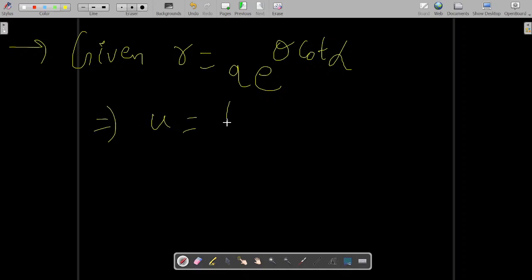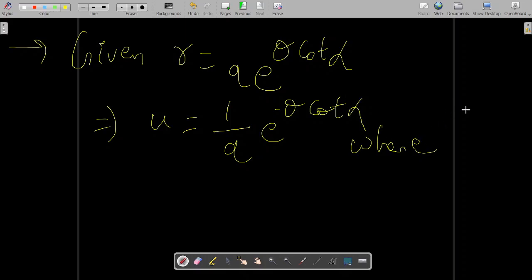U is equal to 1 over A e to the power minus theta cot alpha, where U is equal to 1 by R. You took the reciprocal on both the sides. As soon as you take the reciprocal, A will become 1 by A and the power will become negative in sign. So this is suppose your equation number 1.